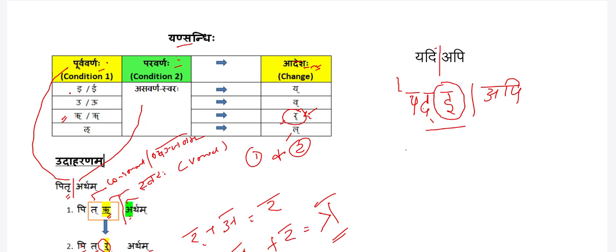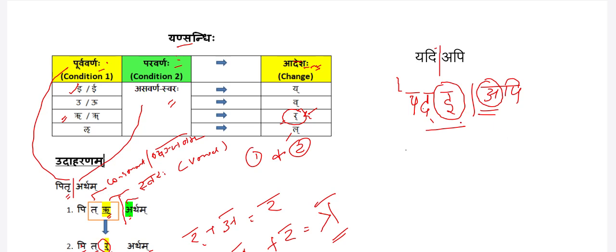Yes, it is there. So condition 1 is met, and we will see if condition 2 is also met. We have Akara here, and in condition 2 it should be Asavarnaswara, which means it should not be I or I. So here it is A. So this condition is also met.